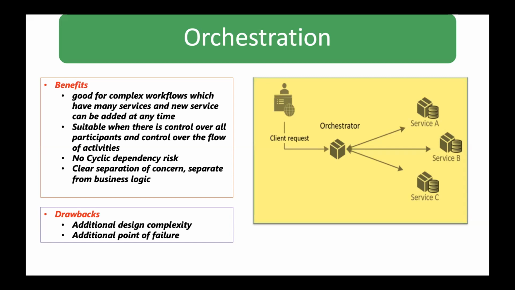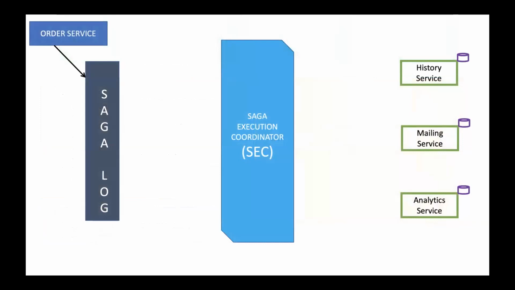Here the flow is maintained, and I will explain how it is different. You see there are services named order service, history service, mailing service, and analytics service. This is the order service example. Saga will start, and a request will be sent to the history service, telling it to execute its job.